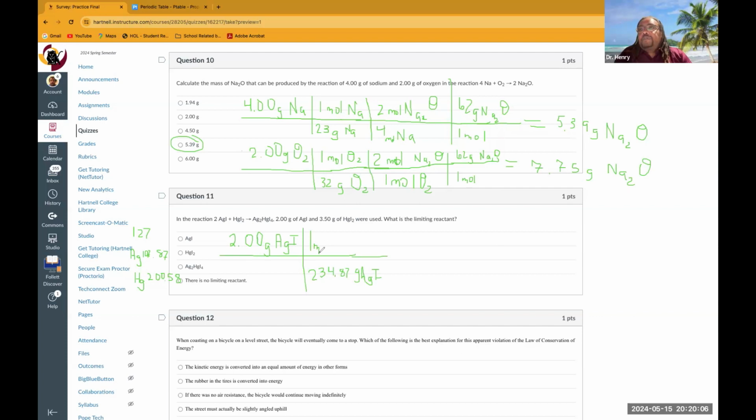That's 1 mole. Okay, and what's the mole to mole ratio of AgI to Ag2HgI4? Mole to mole ratio? Anyone? 2 to 1.